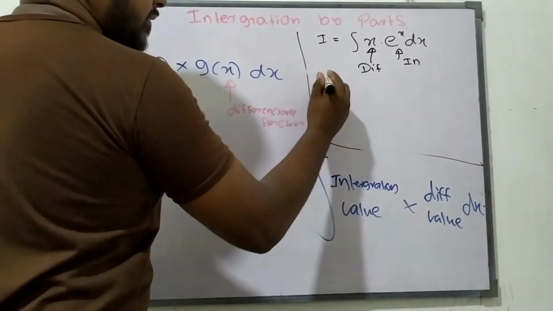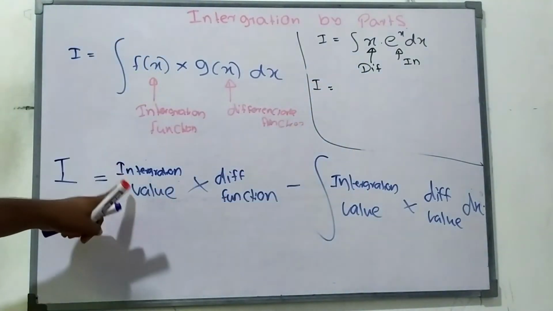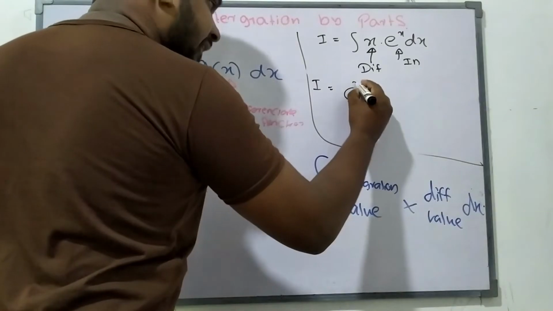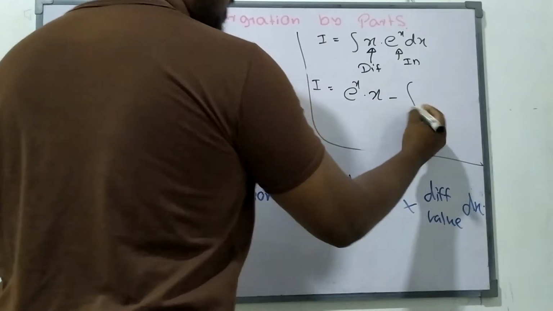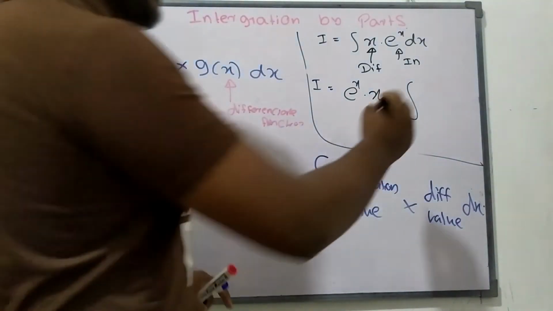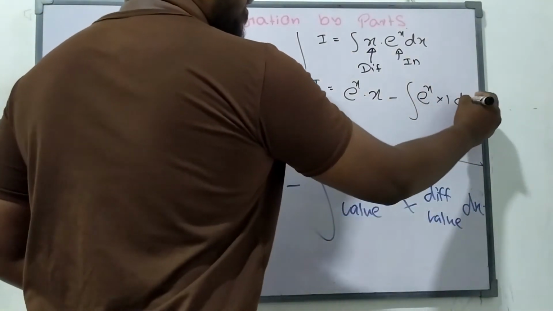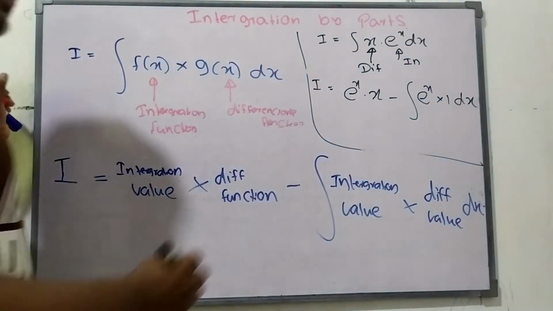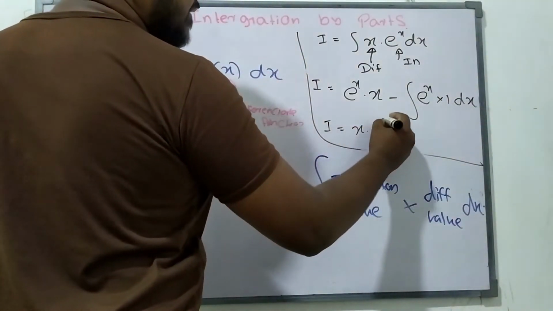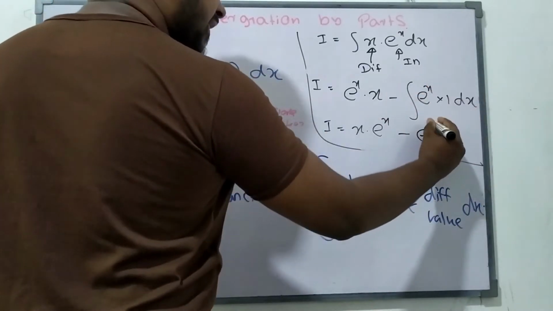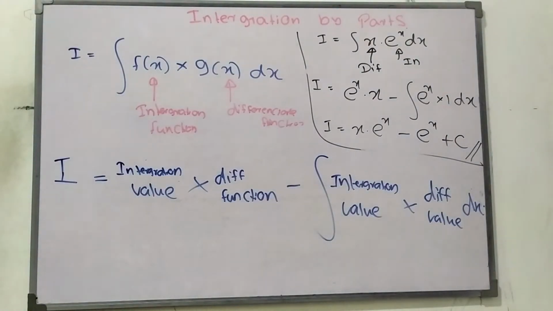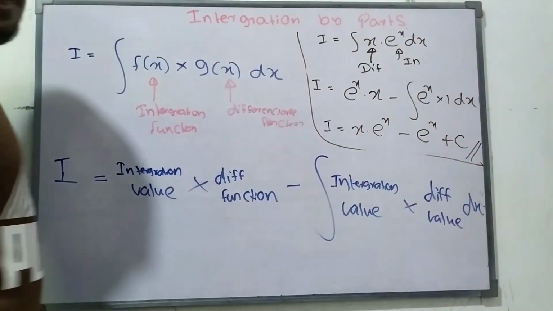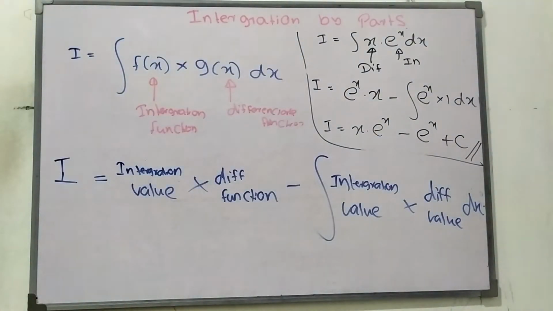Then I = x eˣ minus the integration value, eˣ, into the differentiation value, 1. So I = x eˣ − eˣ + c. This is the value of that integration. If you differentiate this one, you will get the original.